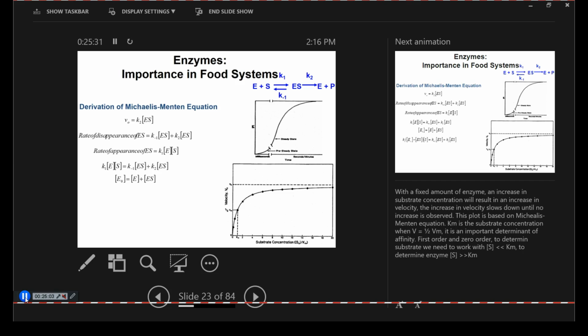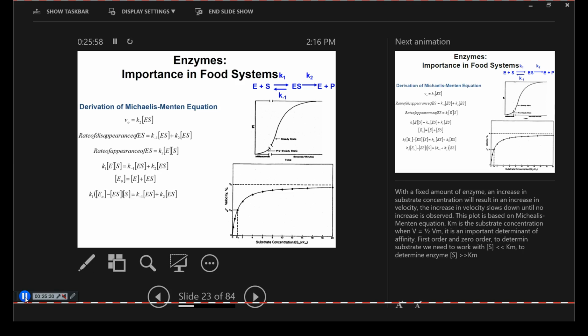So I want to solve for ES. So I will look at how to get rid of just E in this case. E0 is the total amount of enzyme at any point in the reaction. Total amount of enzyme equals enzyme that is free, whether here or after the product was formed, plus the concentration of the ES complex.